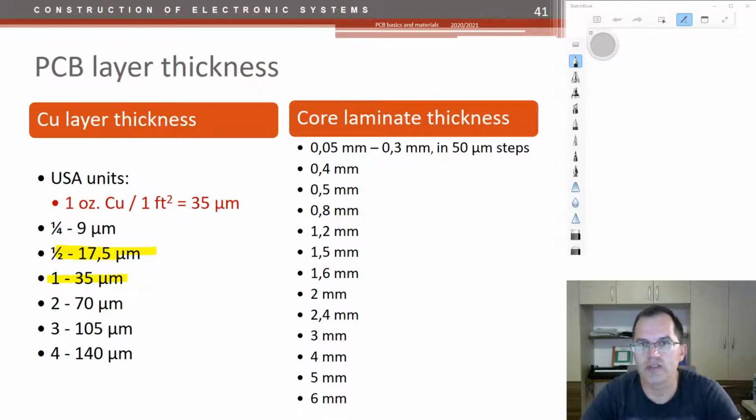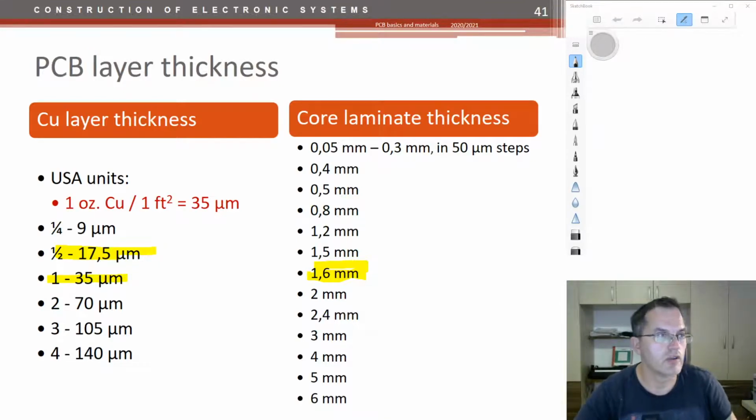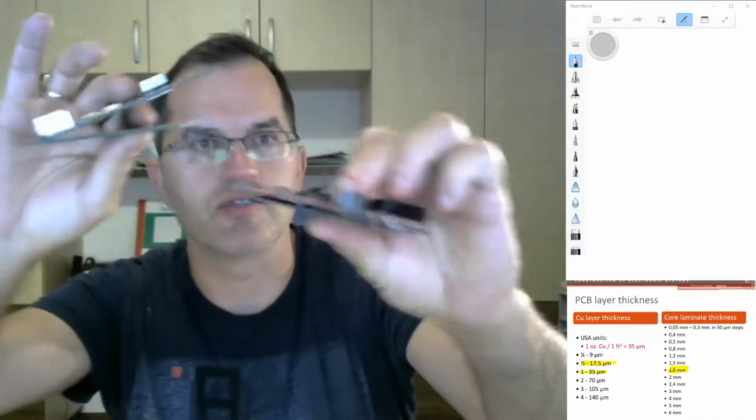On the other side, you have different thicknesses of core laminates, where 1.6 millimeters is the most common one. That's the default thickness of any PCB, more or less. If I show you here, all of these PCBs I have here are 1.6 millimeters. And this is also the cheapest PCB you get in production.